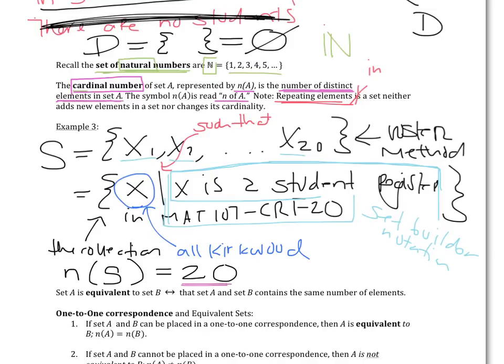There are 20 distinct, different students in this class. No two students are alike. I know there's a quadruplet, I think, Christian, but even if your quadruplet was here or your twin was there, genetically you're unique, not exactly the same. So there's 20.